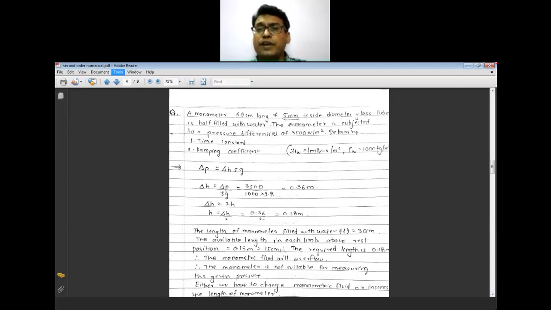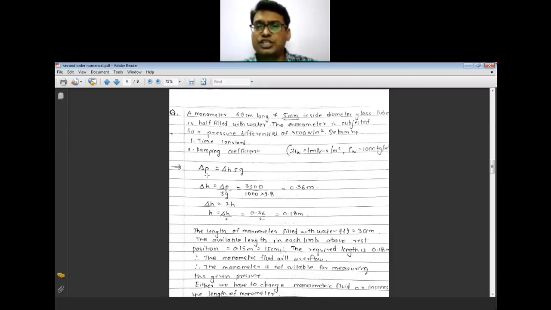Then there is another modification for this: a manometer 60 centimeters long and 5 millimeter inside diameter. I can change the tube diameter now, so that it is half filled with water. The manometer is subjected to the same pressure difference.